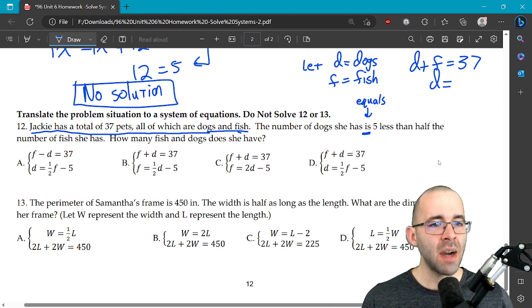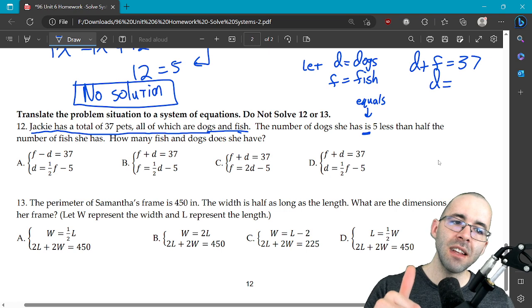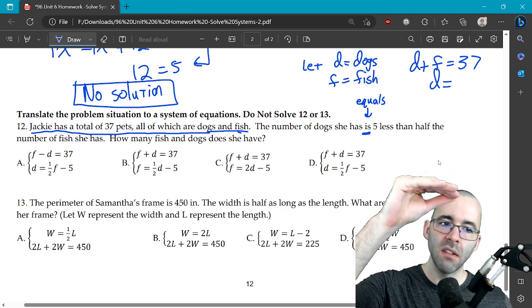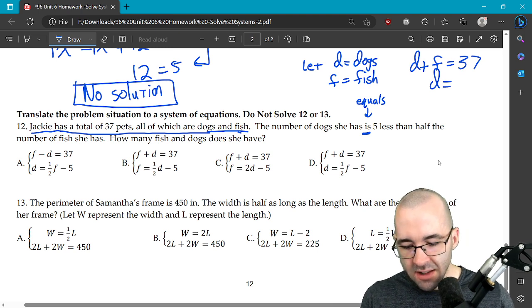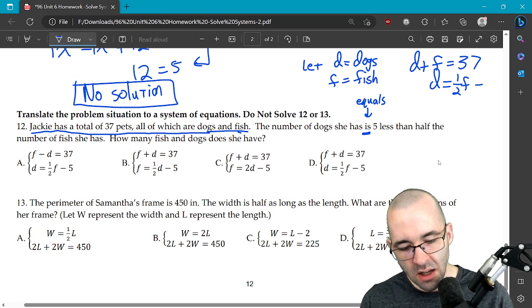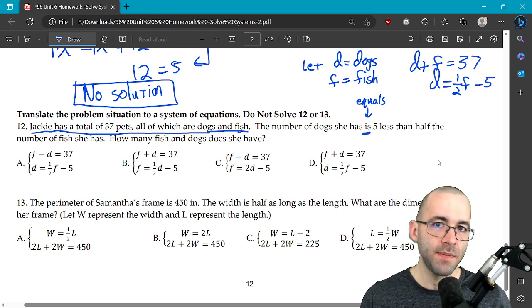Less than is kind of like a minus sign, but 5 less than is take the thing and subtract 5. So 5 less than half the number of fish is going to be 1/2 the number of fish minus 5.